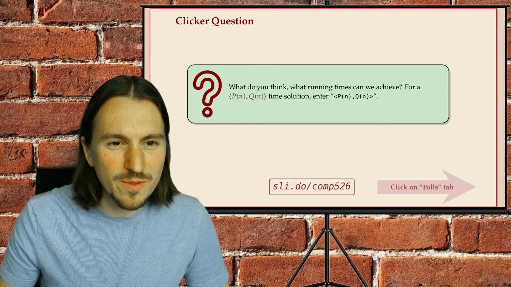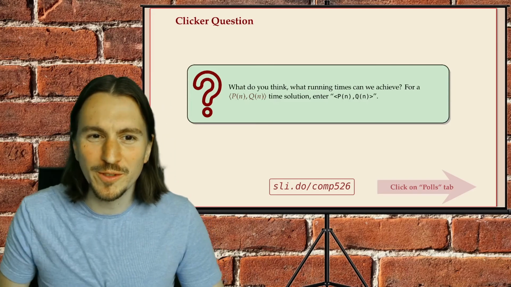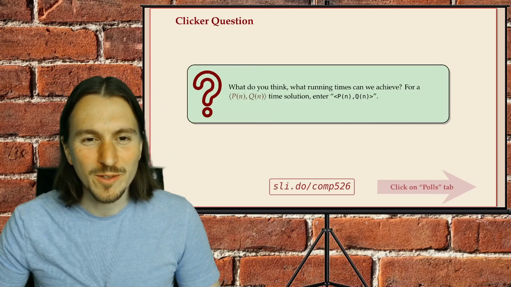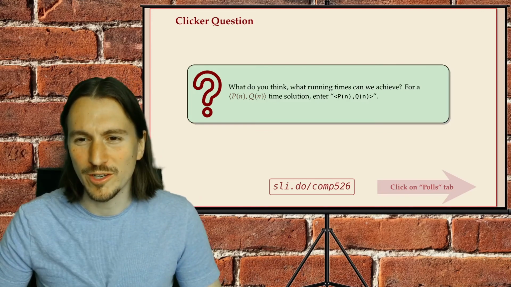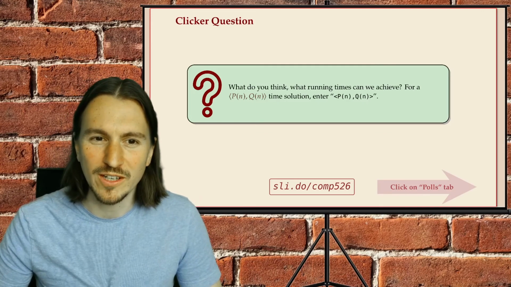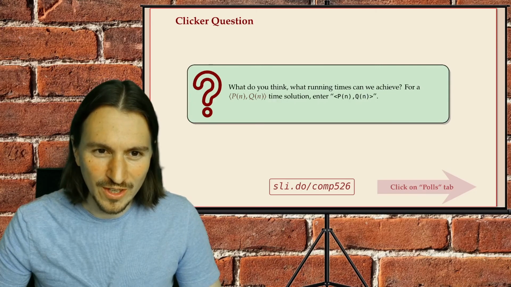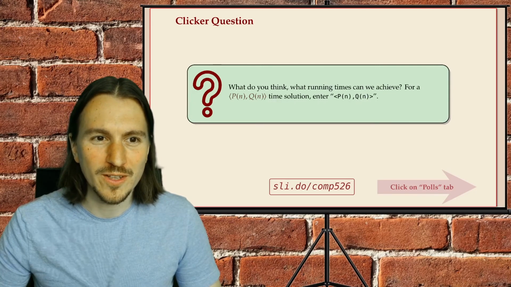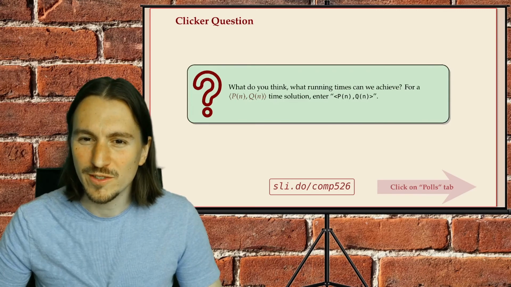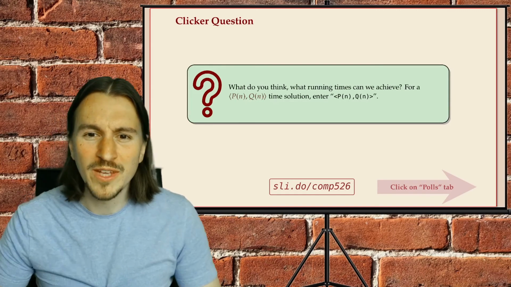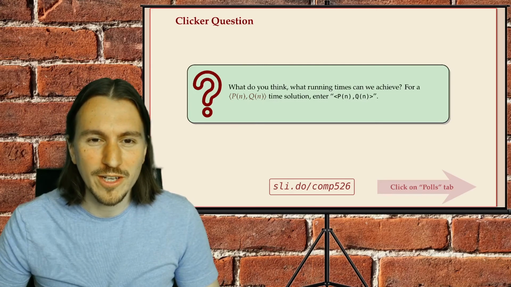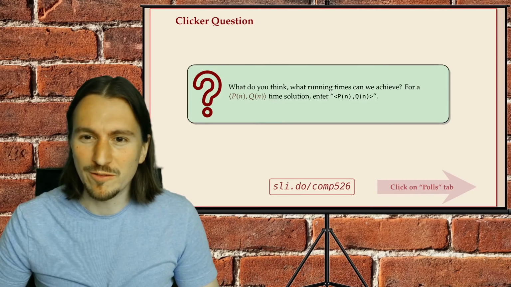And I set this up so that you can send multiple answers. So maybe there's different combinations between P and Q. There's a trade-off between pre-processing and query time. That's maybe natural, because there's also a trade-off between time and space. If you write down many more things, maybe the queries get easy. And if you write down nothing, then the queries can't be very fast.